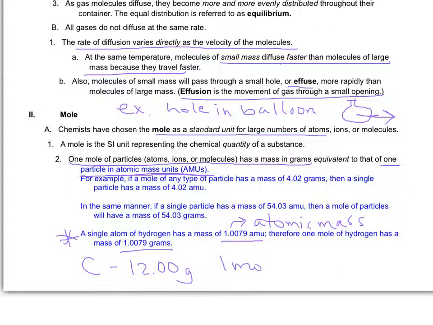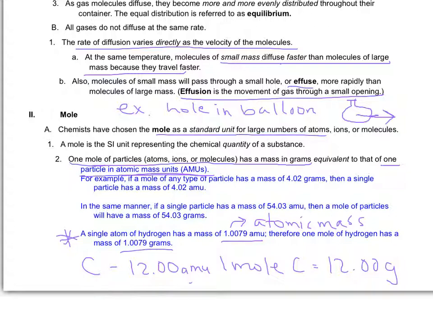So 1 mole of carbon would equal 12.00 grams. The atomic mass units there and the grams are kind of interchangeable. Atomic mass unit is a relative unit, so we can switch that and grams back out.